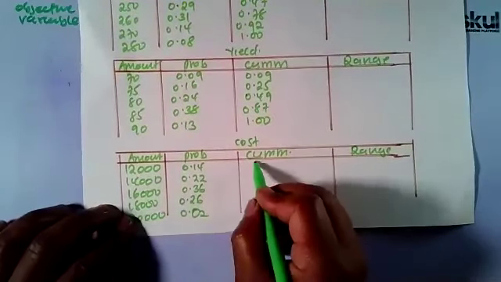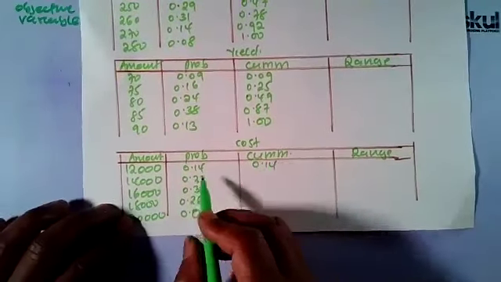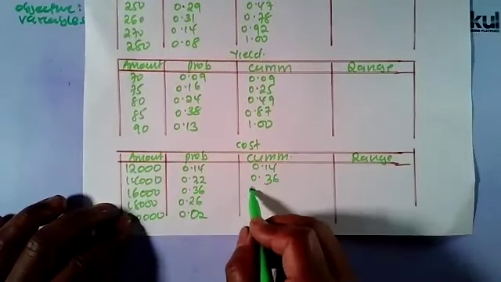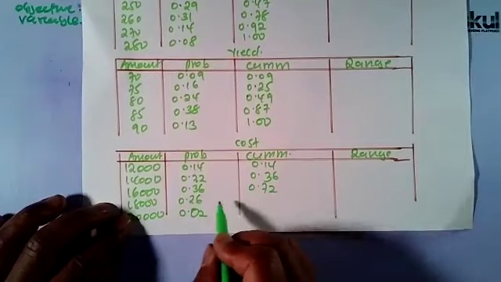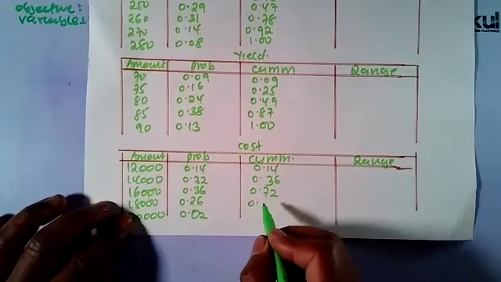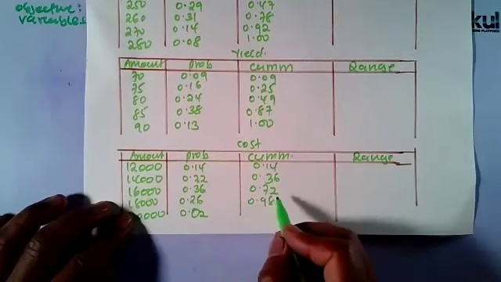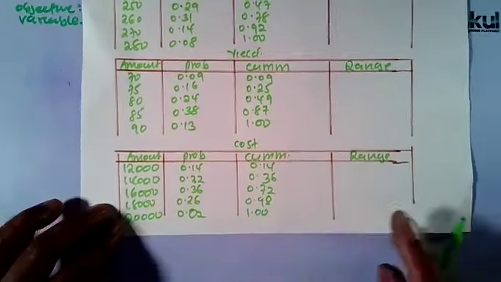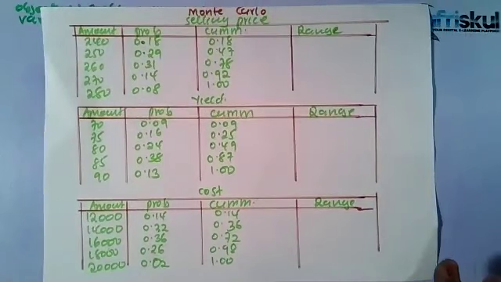We accumulate: 0.14, you add 0.22, get 0.36, you add 0.36, that's 0.72, you add 0.26, you get 0.98, and then 1.00.